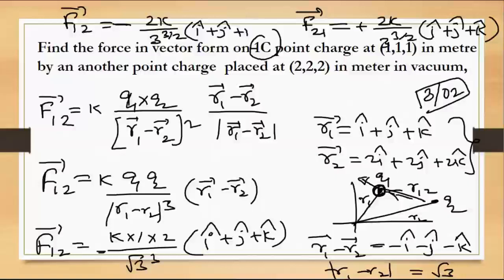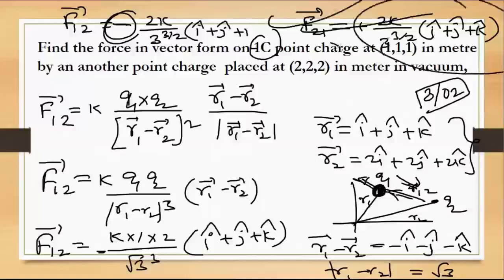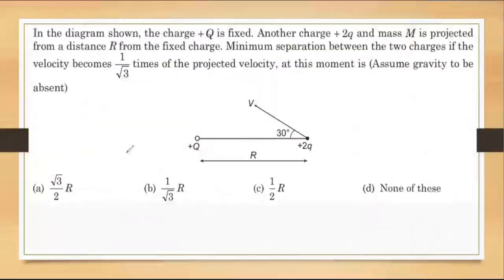You see, if it is negative, then of course it will be attracted only. Initially it was repelled, now attracted. Everything will remain the same, but just negative of this. You have to write F12 only, but the direction will change. Only the direction will change, the magnitude will be the same.